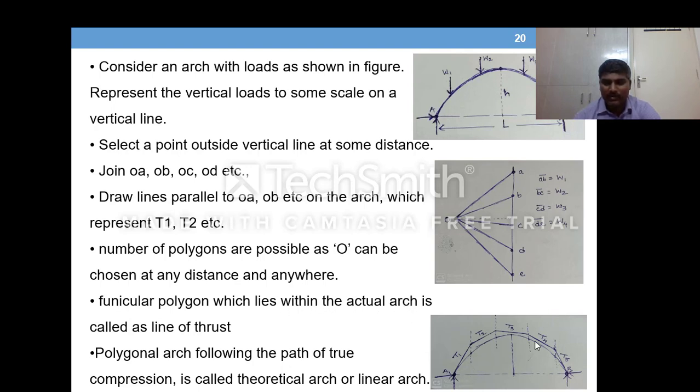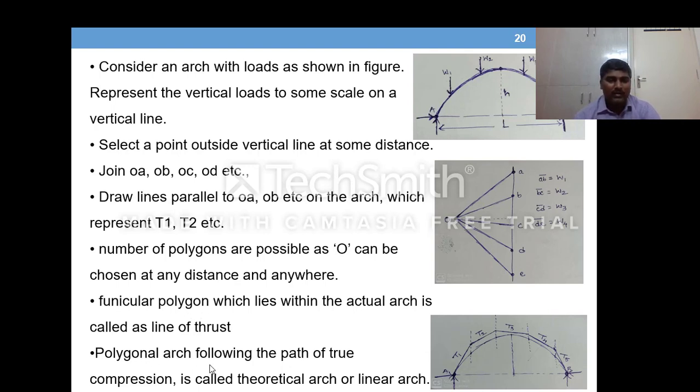This is the actual arch, and this is the theoretical arch that we try to draw each time when you pick a point O. So there are a number of such polygons that can be drawn. The exact one which can be laid within the actual arch, that is what is called the funicular polygon.